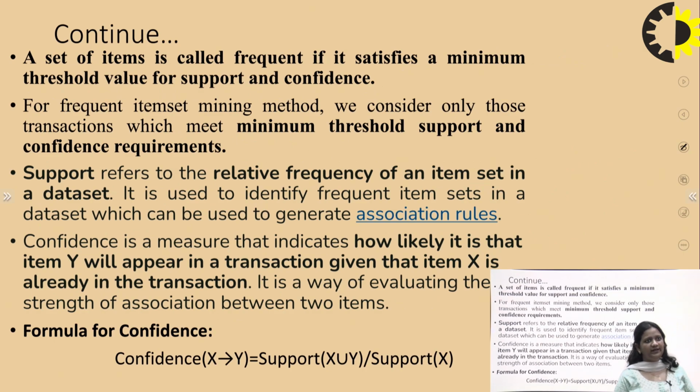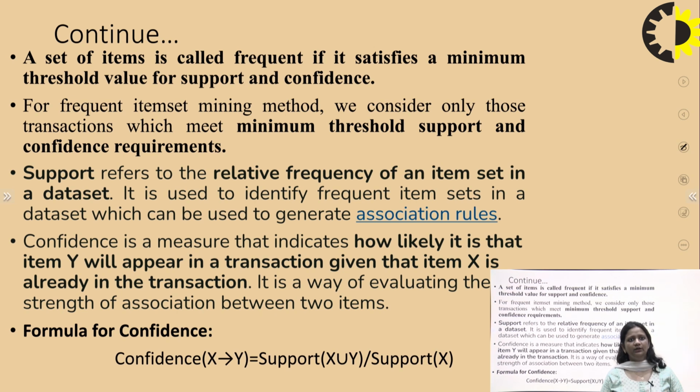A set of items is called frequent if it satisfies a minimum threshold value for the support and confidence. We also understand what is a frequent item set. An item set or a set of items is called a frequent item set if it satisfies a minimum threshold value, that could be given in your question, for the support and confidence.